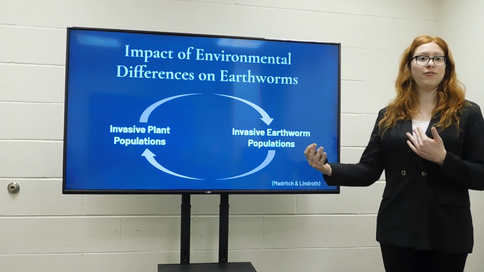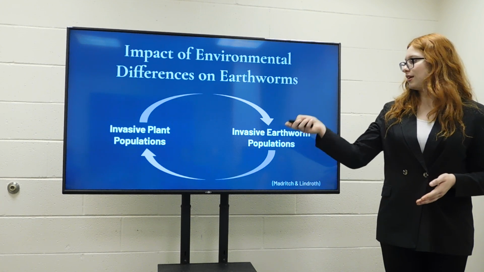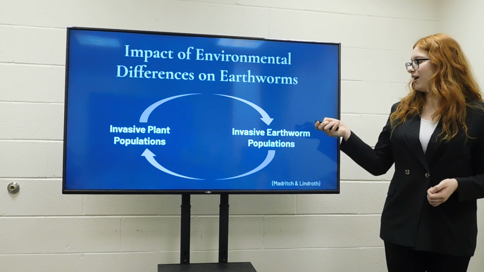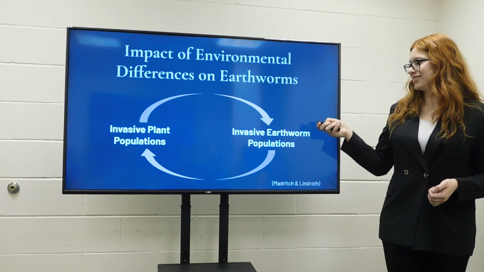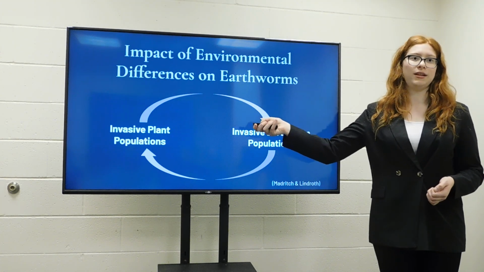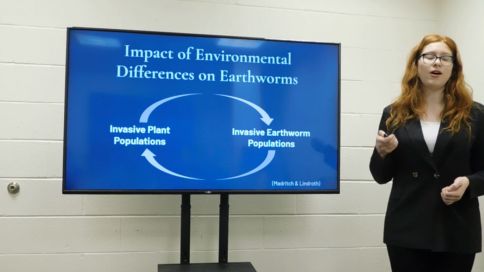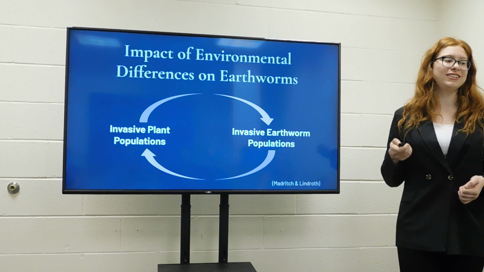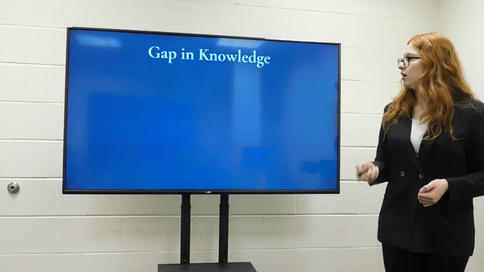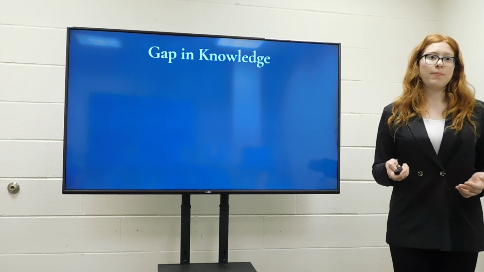This leads to a positive feedback loop, as higher quality leaf litter increases earthworm populations, and increases in earthworm populations make soil more habitable for invasive plants, pushing our New England forest even further away from its pre-colonization environment. So overall, this leads to a gap in knowledge.